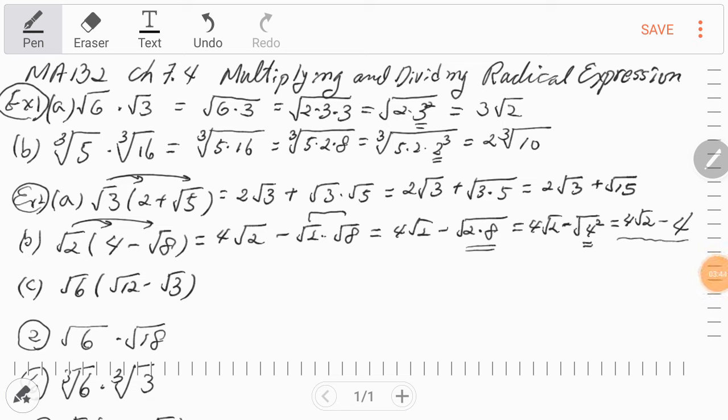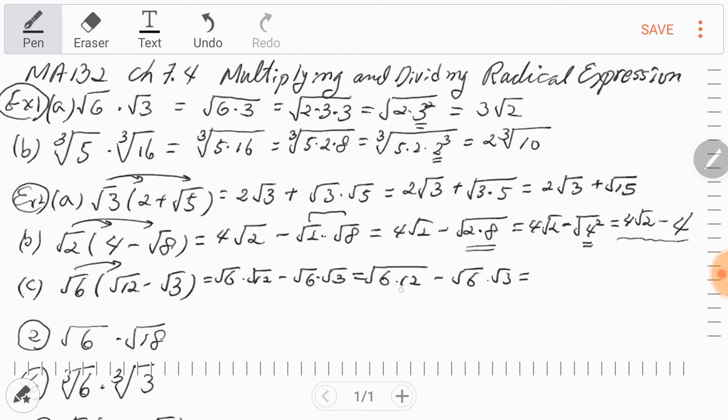Okay, next one. Clear the parentheses by using the distributive property. So square root of 6 times square root of 12 minus square root of 6 times square root of 3. Then we can put the radicands together: 6 times 12, minus square root of 6 times square root of 3.